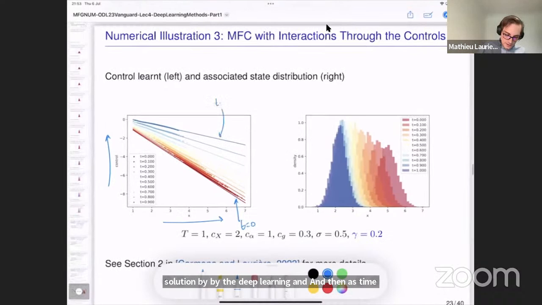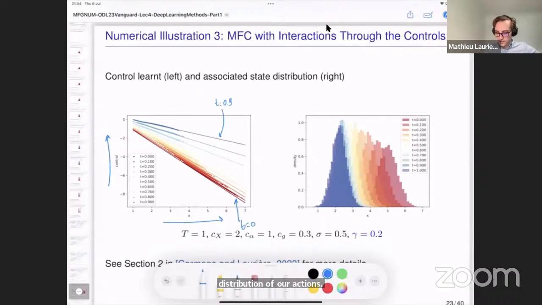So this is at t equals 0.9, which is almost capital T. And more or less, the solution obtained by deep learning follows this. On the right, this is the evolution of the distribution over X. So the one that appears in the problem is the distribution over actions. The one that I plot here is the distribution over X, over the inventory.